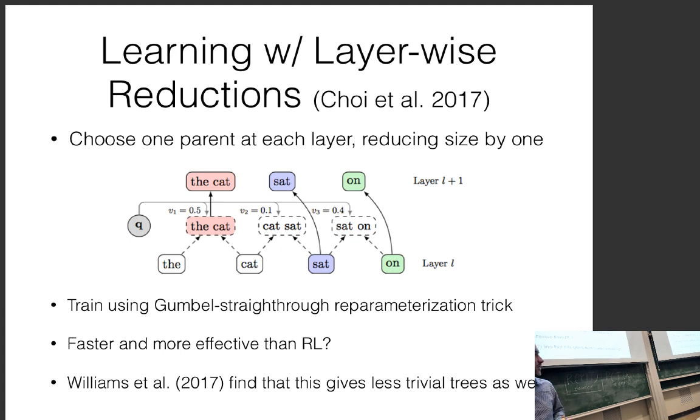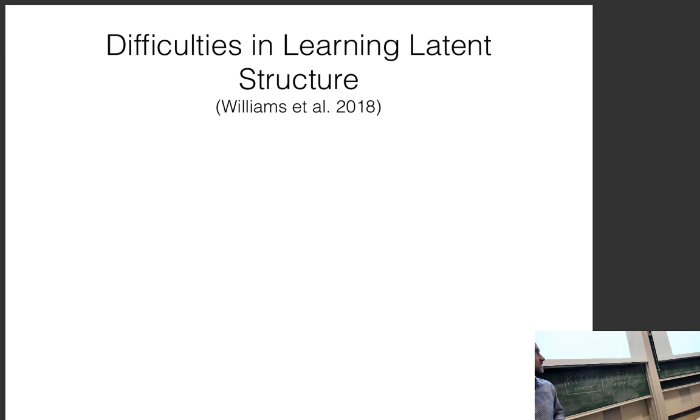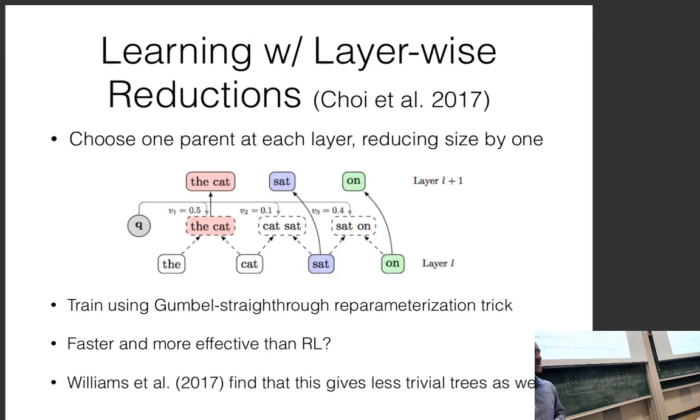And follow-up work that compared the two found that this gives less trivial trees. It gives you trees that at least learn at the very low level to do better composition than the other methods that you could come up with. Are there any questions about this so far?